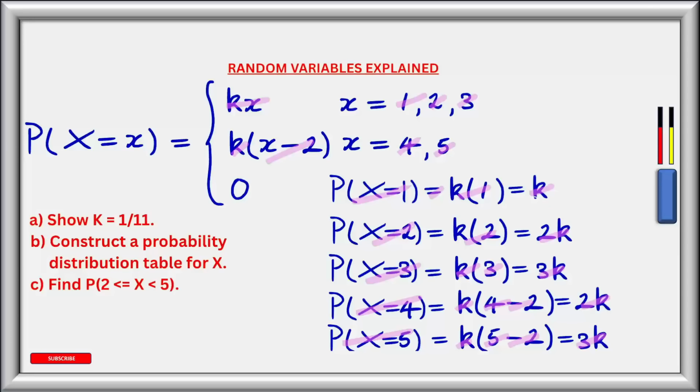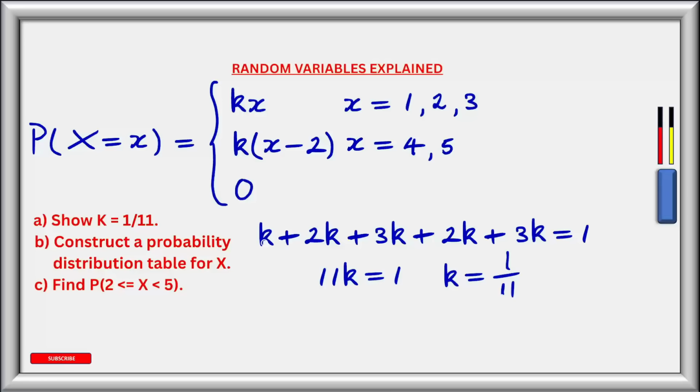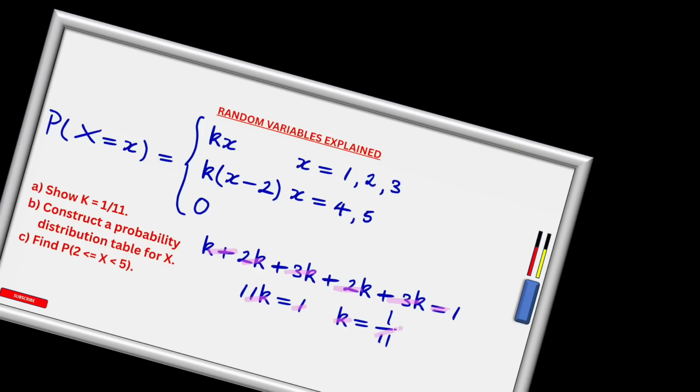So now we have the probabilities k, 2k, 3k, 2k, and 3k. We can equate these to the value of 1, as we know from the properties of a discrete random variable that they all sum to 1. And so summing the probabilities, we have k plus 2k plus 3k plus 2k plus 3k is equal to 1. Simplifying this, we have 11k is equal to 1, and therefore k is equal to 1/11th.